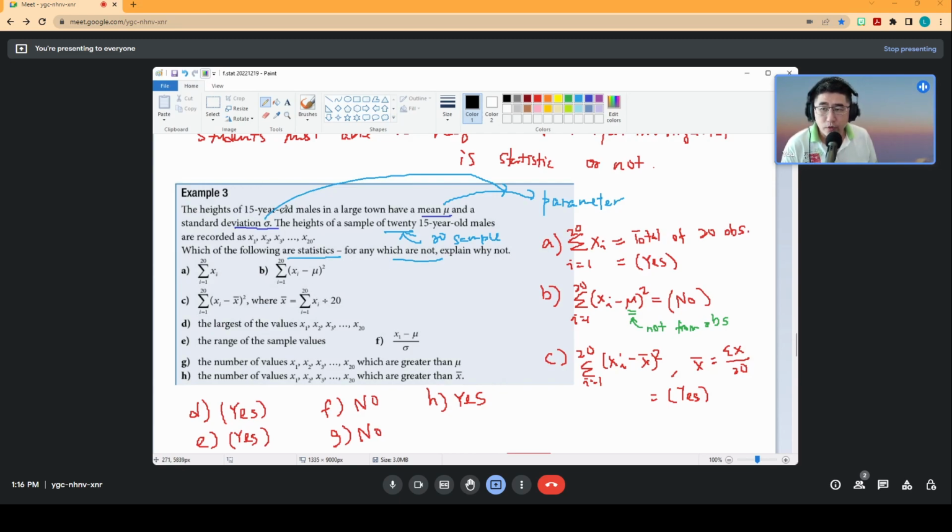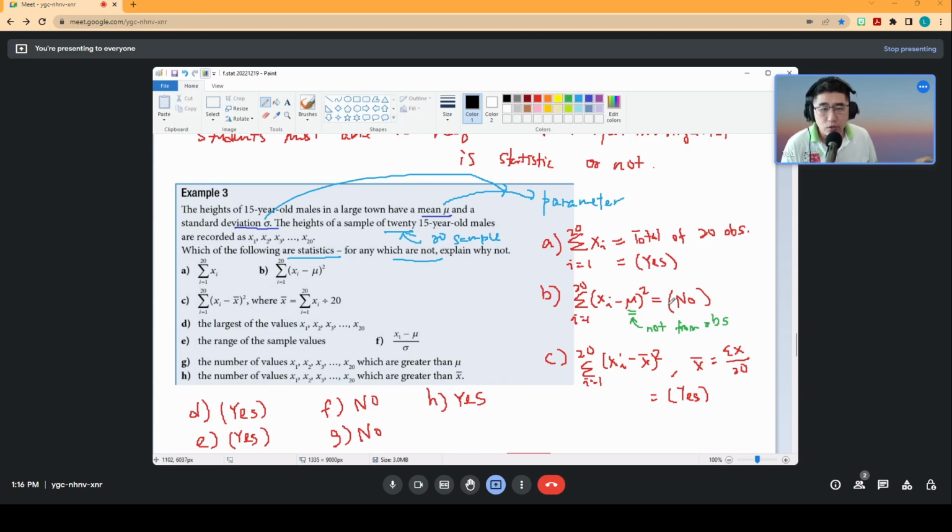The heights of 15-year-old males in a large town have a mean mu and a standard deviation of sigma. The heights of a sample of 20 15-year-old males are recorded as x1, x2 to x20. Which of the following are statistics and which are not? Explain why not. So you can see that A is a statistic, because it is purely from observation.